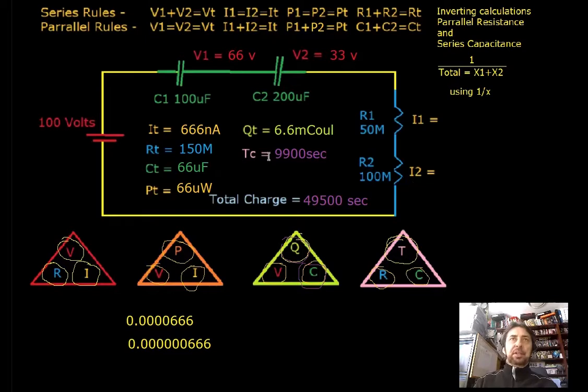And we can see that the total current is 666 nanoamps. So that's the answer to that one. We can simply type that in because we know that these equations up here are equal. So again, 666 nanoamps is the answer there. Pretty straightforward, I think. And of course it would be the same there as well, 666 nanoamps, because it's equal.